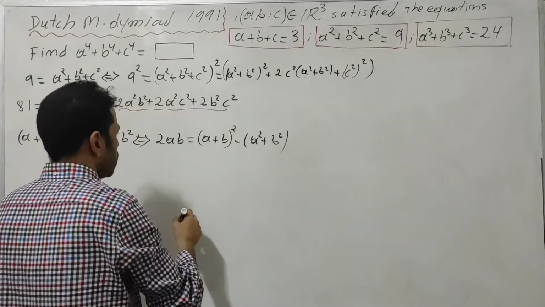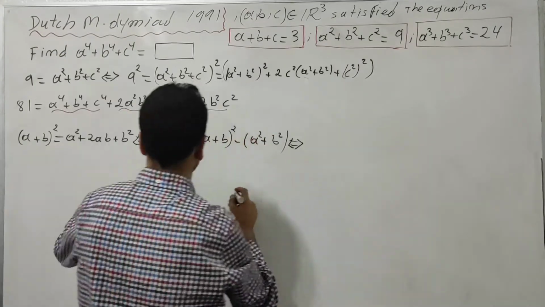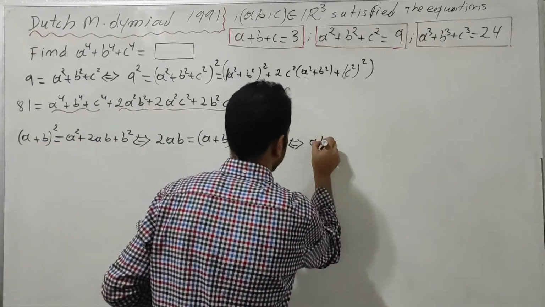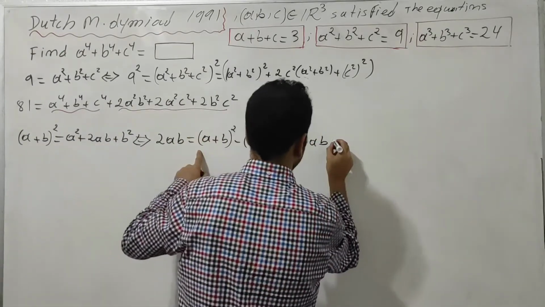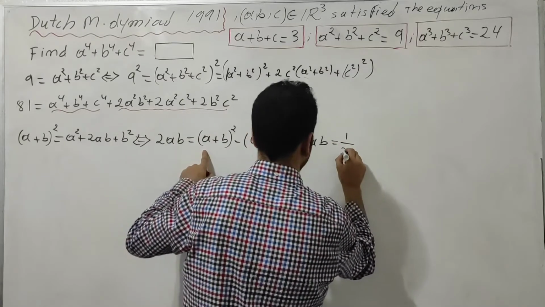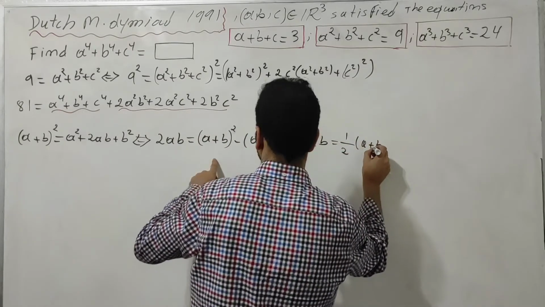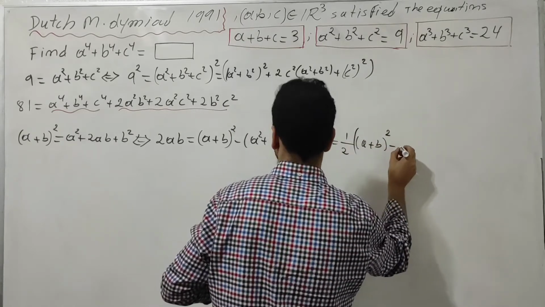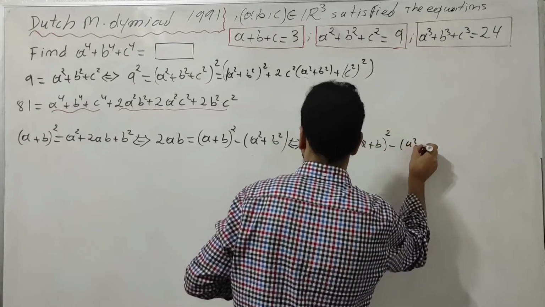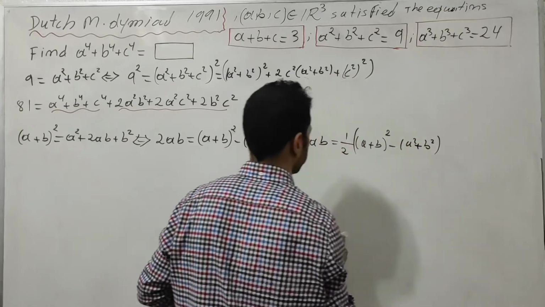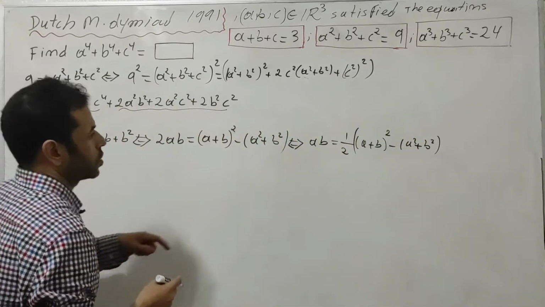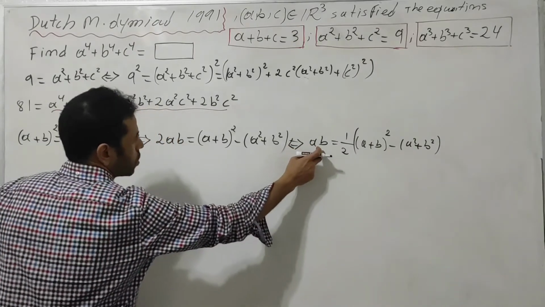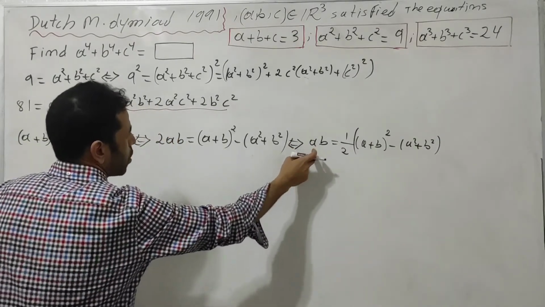So what's next? I'm going to divide both sides by 2. So we'll have ab equal to 1/2 times ((a plus b) squared minus (a squared plus b squared)), okay? At the same time, I'm going to raise both sides to the power 2.